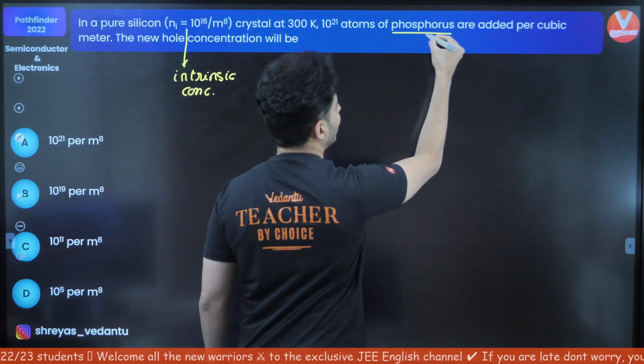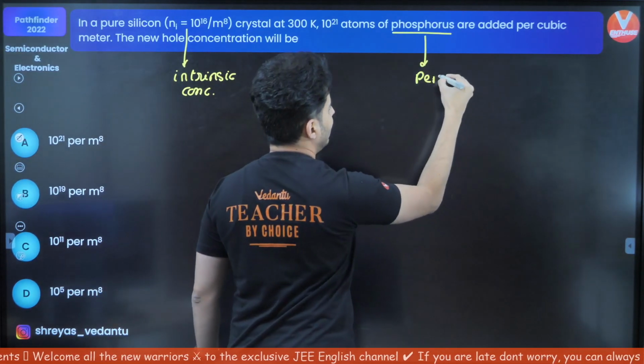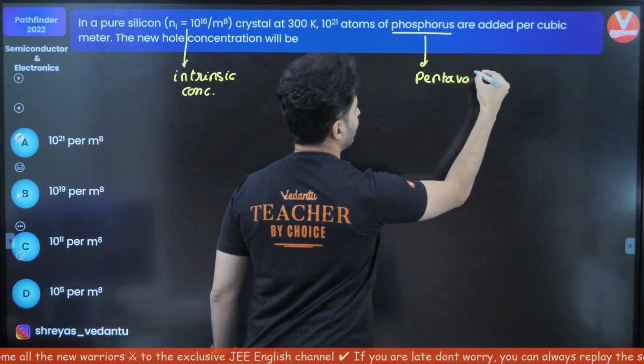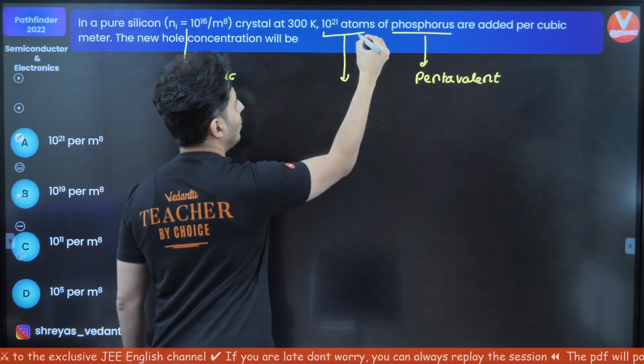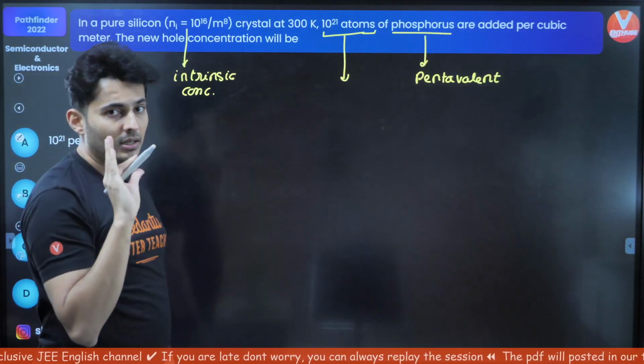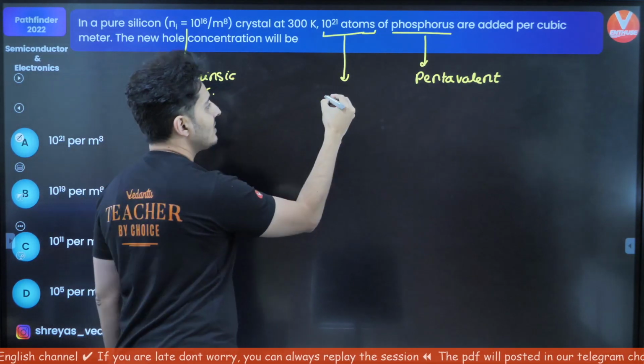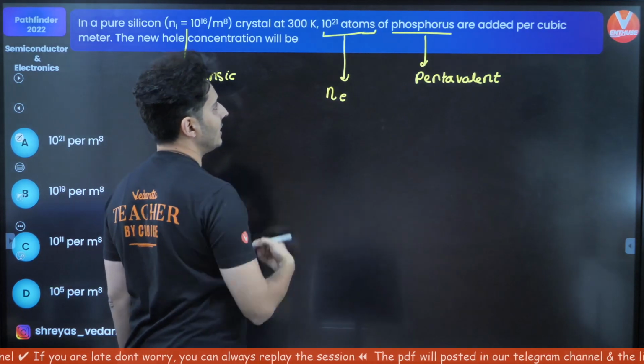This phosphorus is a pentavalent impurity. That means this number per unit volume is your Ne concentration.